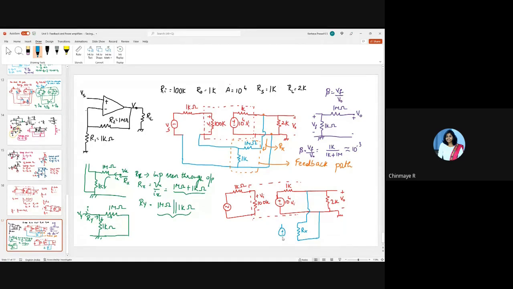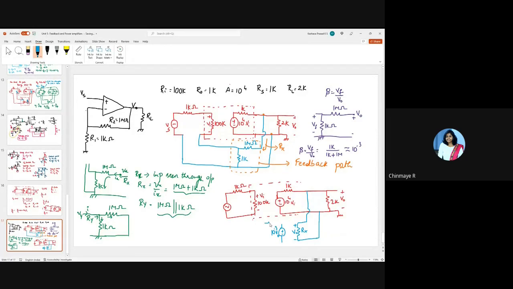This is V naught, because this is across the same 2 points, therefore this is also V naught. And this will be beta times V naught. Beta we know is 10 power minus 3 into V naught, okay?